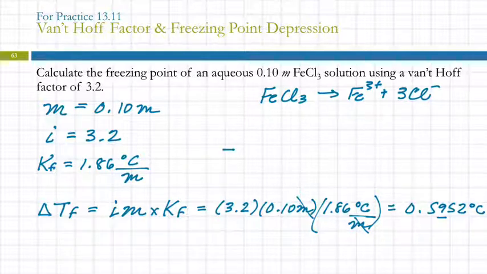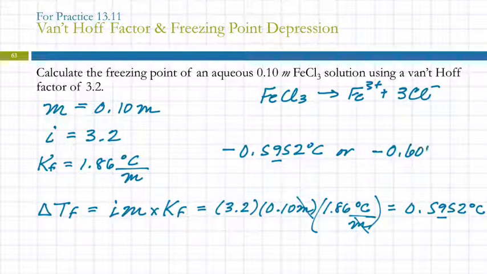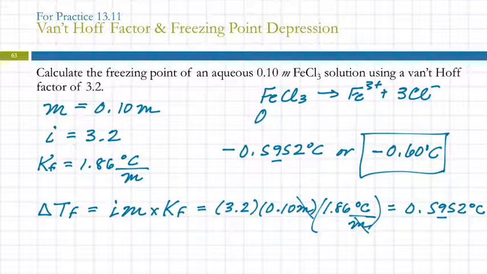So the freezing point would be negative 0.5952 degrees Celsius, or negative 0.60, because it started at 0 and it went down 0.5952. Any questions?